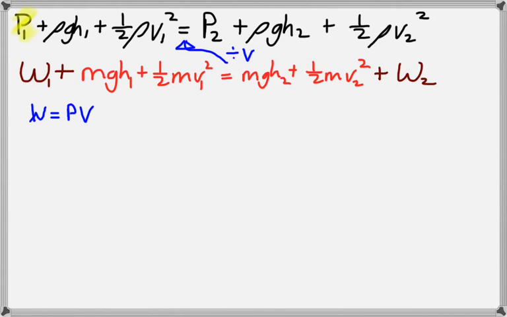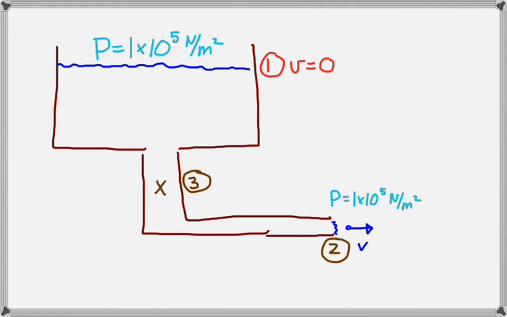Pressure is the term that's doing work. So if the pressure is the same between point 1 and point 2, that means going from point 1 to point 2, our energy is being conserved. Energy is not being conserved going from point 1 to point 3, because at point 3, there's going to be a pressure bigger than 1 times 10 to the 5th. But it is being conserved between points 1 and 2.